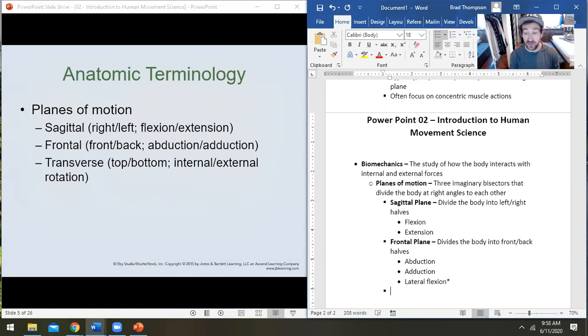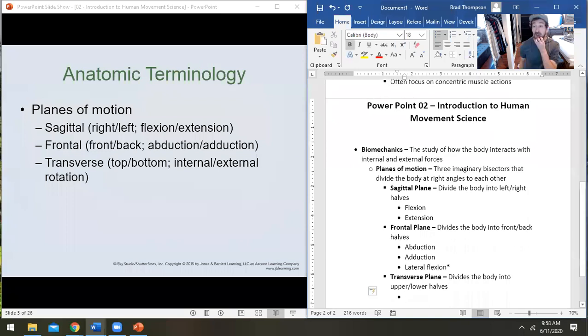Then we have the transverse movements, which are going to divide the body into upper and lower halves, right? So that's going to move along like this way, right? So like internal versus external rotation.